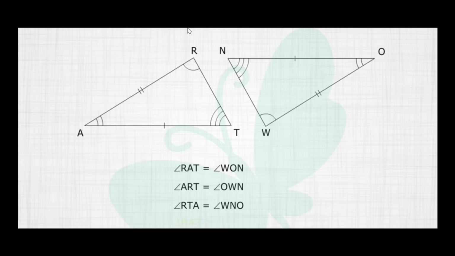Now, triangle RAT is congruent to, now look at angle R. That is the same as angle W. So corresponding to R, we write W. Look at angle A. That corresponds with angle O. So corresponding to A, we write O. And angle T, obviously we get the corresponding angle as N. So triangle RAT is congruent to triangle WON.